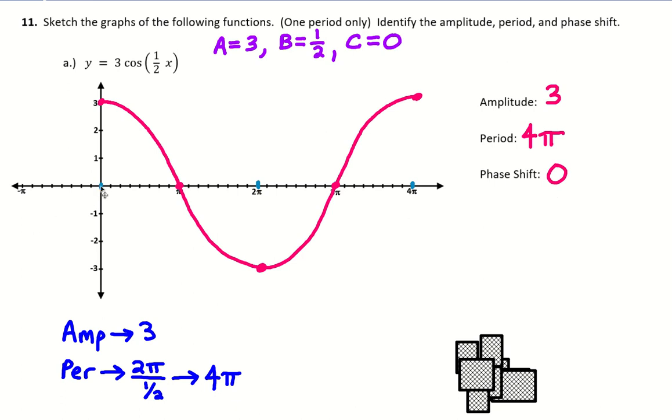And so our phase shift or starting point is 0. So starting point of 0, our period length was 4 pi, and then you got to know to divide, at least if you're doing it my way, your entire period into 4 sections, and the graphs I'm giving you are already divided up into eighths of pi, 1 pi over 8, 2 pi over 8, 3 pi over 8, and so on and so forth.